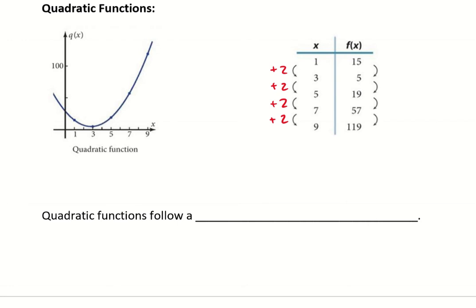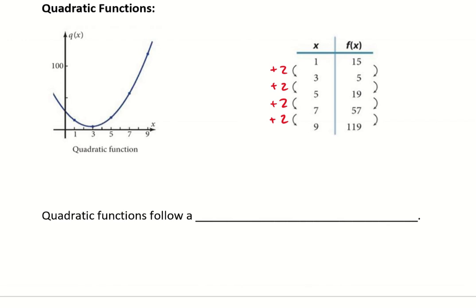And then, well, I could try 19 divided by 5. That's going to give me a gross number. 57 divided by 19, that's not going to give me the same number. You can try it out if you want, but they're not being multiplied at a similar rate.